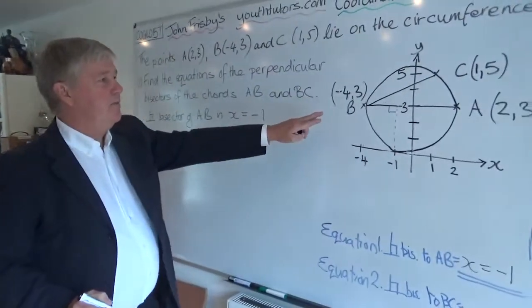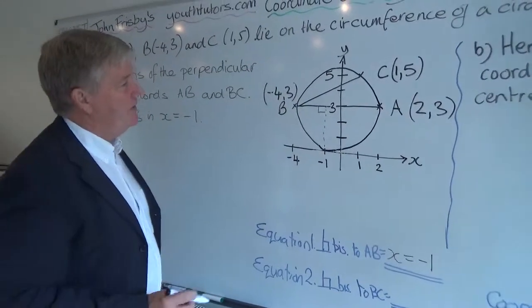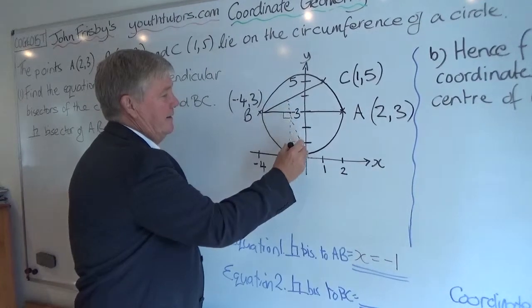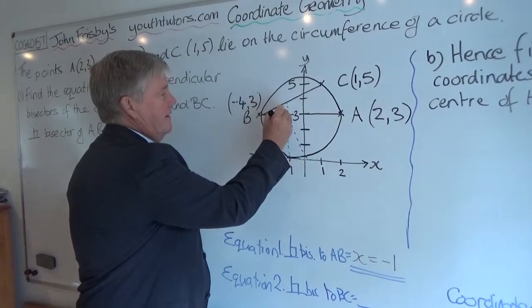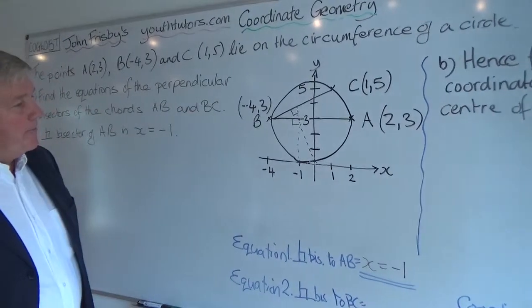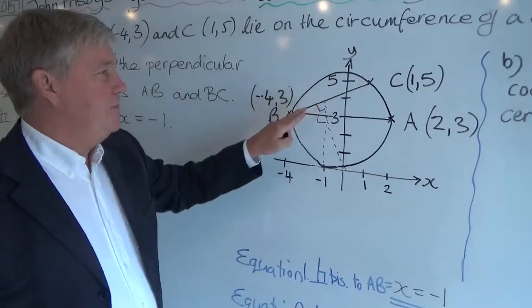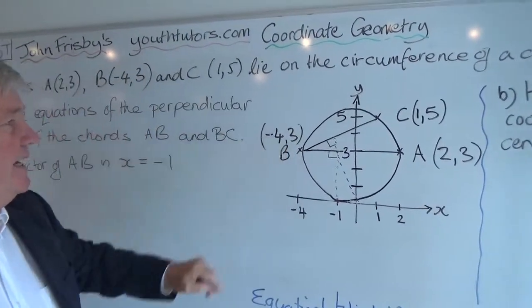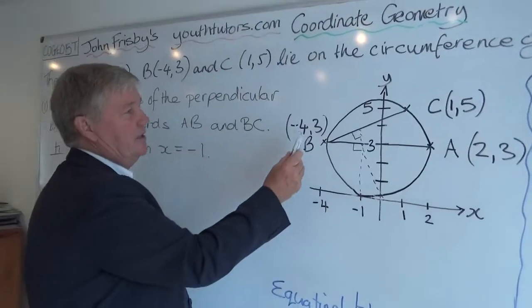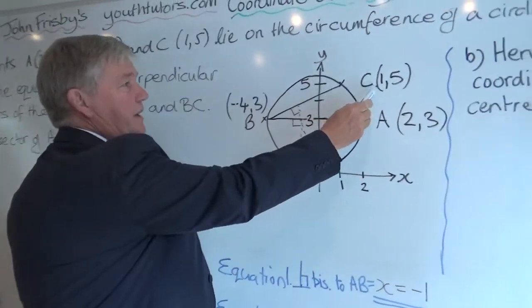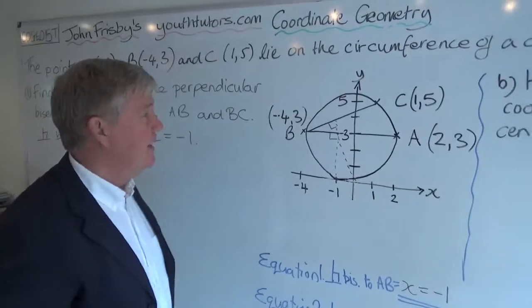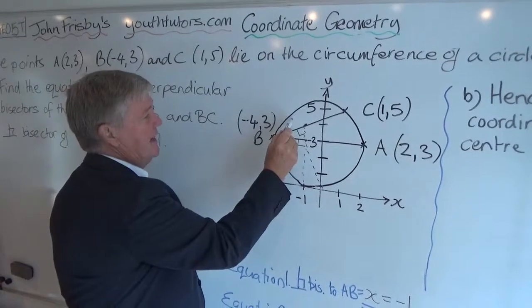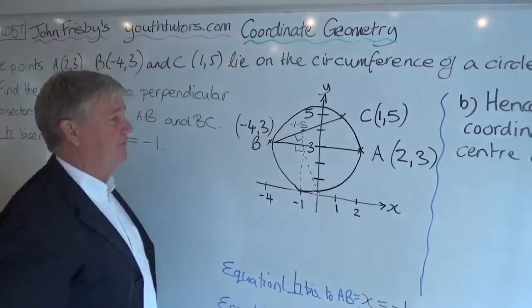For the perpendicular bisector of BC, I'm going to sketch it in very roughly. It would be helpful to know the midpoint of BC, because it's a bisector. The x coordinates go from -4 to 1, so that's 5 units long. If we go along 2.5 units, that takes us to x equals -1.5.